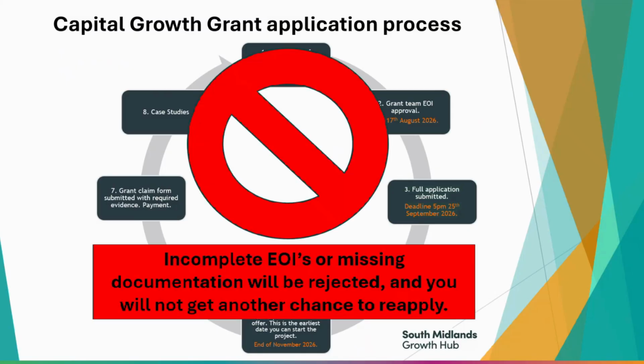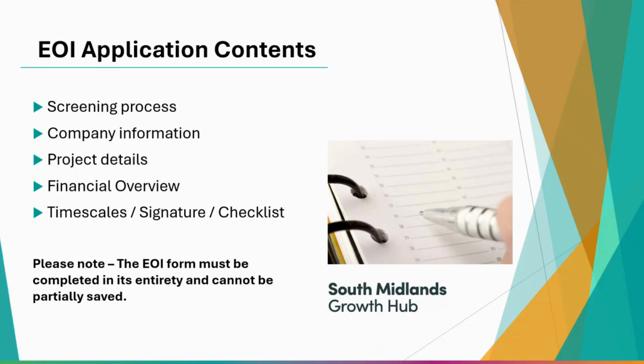Just to say that any incomplete expressions of interest that are missing documentation will be rejected, and you won't get another chance to apply. So please make sure that everything is submitted in its entirety. All the information is in there, all the attachments are there, otherwise you will not progress to the full application stage.